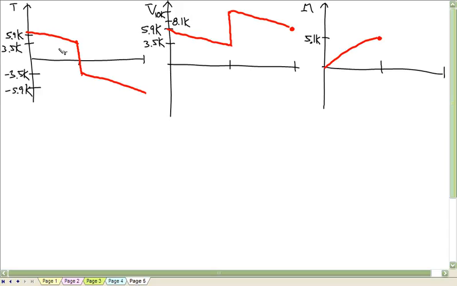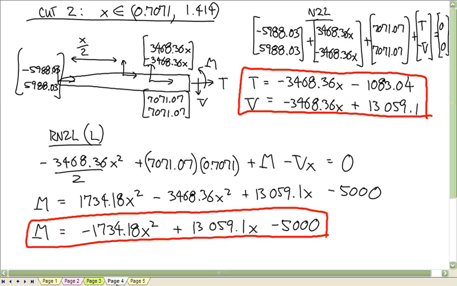But I got this for my tension, this for the shear force, and then I'm a little perplexed about the bending moment because I seem to be getting... Does it start at negative 5,000? The bending moment? Yeah, when x is 0. Well, x isn't equal to 0 because this is only good for x from 0.7071 to 1.4. Yeah. Okay.